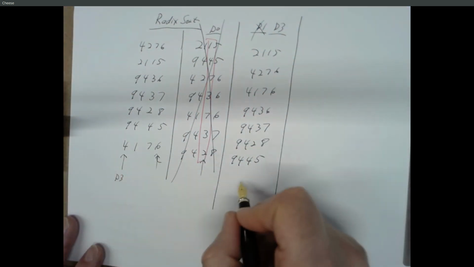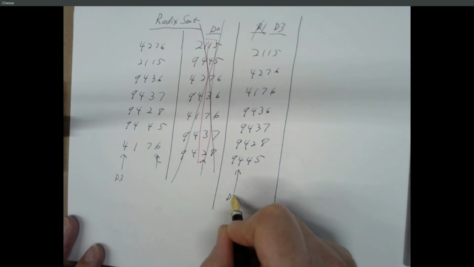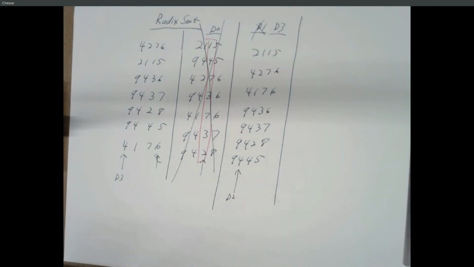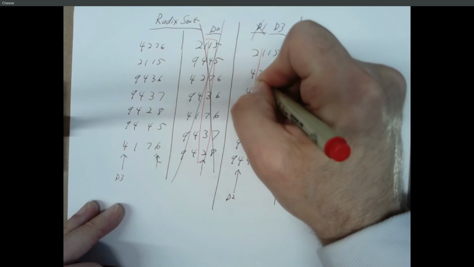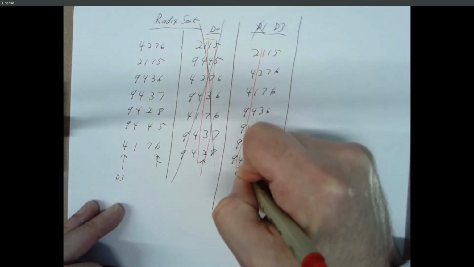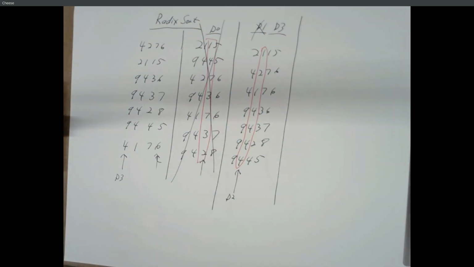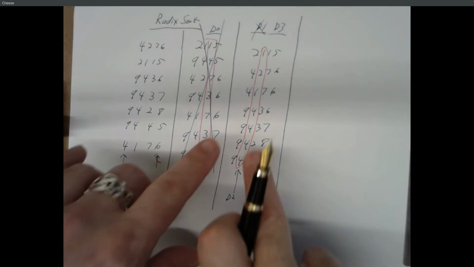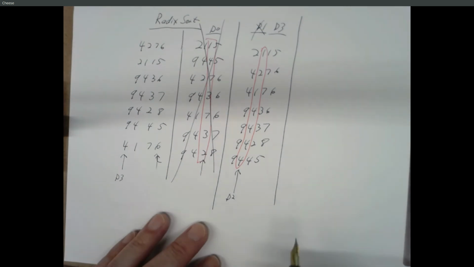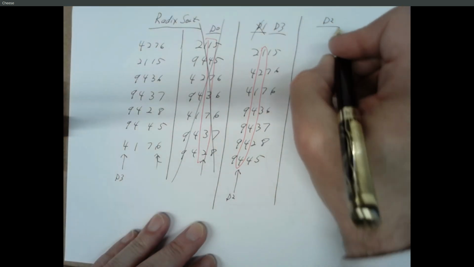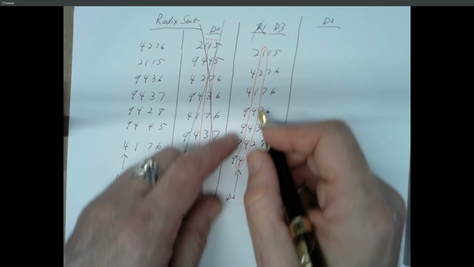Okay, so now we go on to the next digit from the left. We're looking at these numbers right here, and we're going to make 10 passes through and move numbers from our input to our output. So this will be D2. Find any zeros, there aren't any.